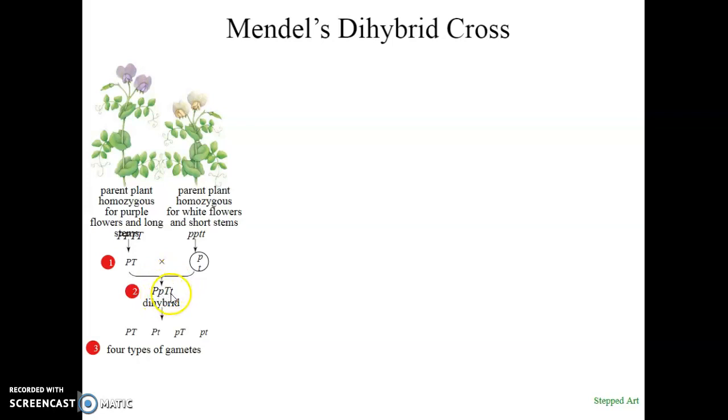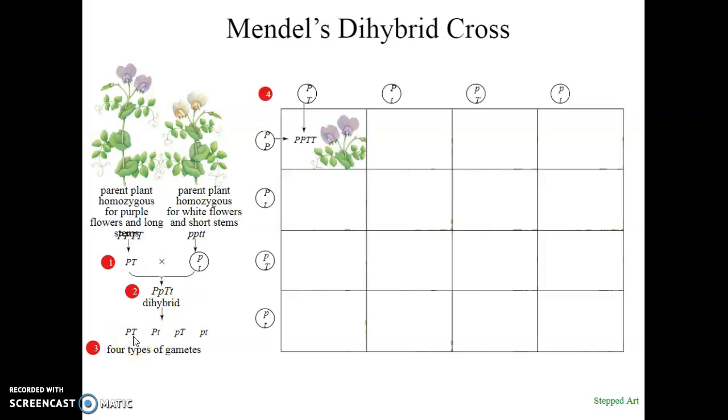Hybrid for both traits. And then what are the gene combinations, or the genotype combinations for the two traits together? These are the possibilities in the gametes of these dihybrids. And so then you set up a four-sided Punnett square to try to reveal that.